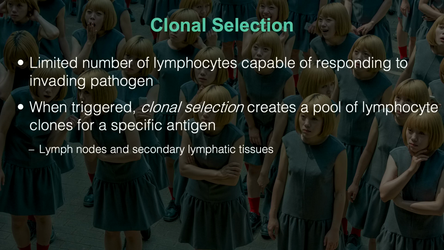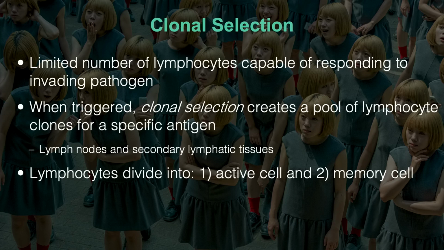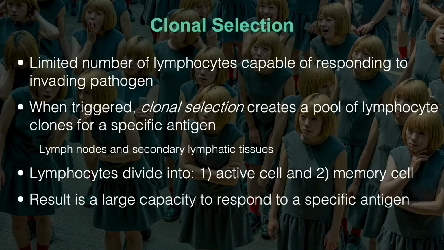And it's through the process of clonal selection that we get a large number of active cells and a large number of memory cells. This allows us to initiate a strong immune response and react accordingly. The reaction so far, we're not sure what it is, but we'll see that coming up. So, this describes a little bit of a lag period.